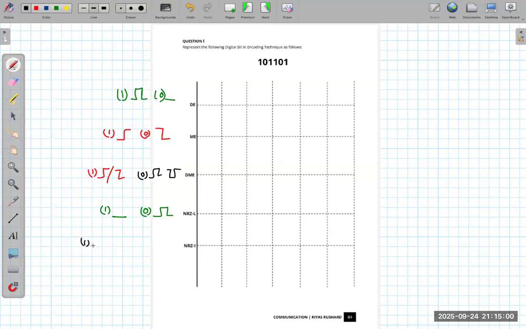In non-return zero invert, no change. Let's try to map it. We'll see. I'll give one example. One, so one in the sense high, zero.